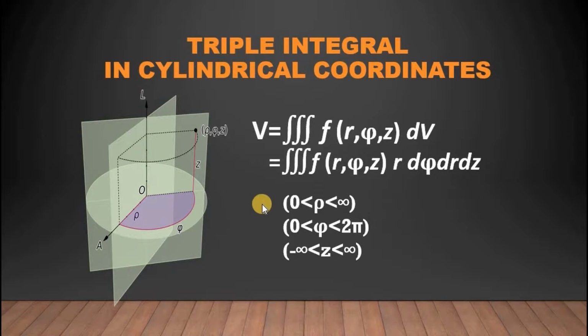So to determine the value, we can integrate dV of the cylinder, which is d rho, d phi, and dz, to find the value.